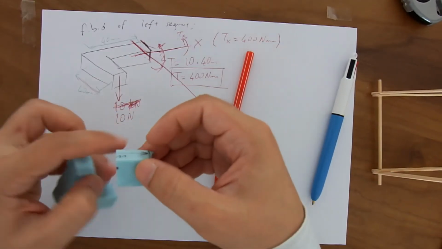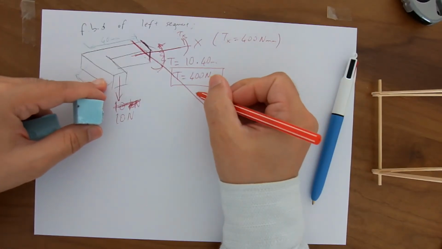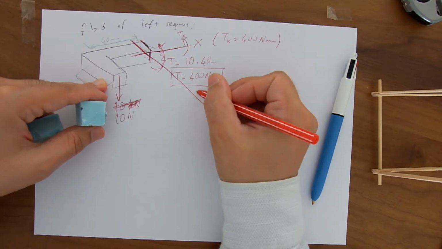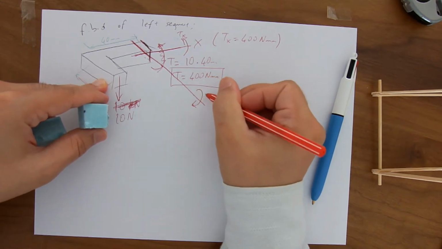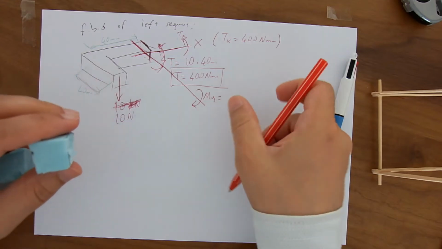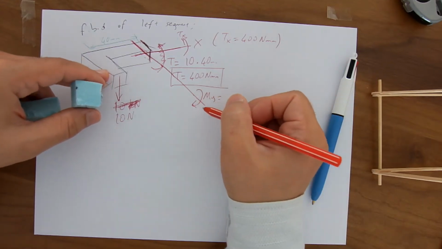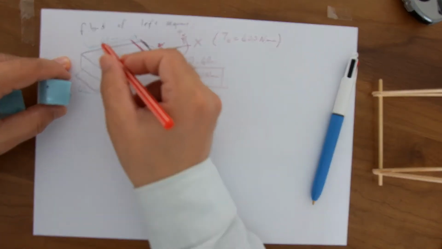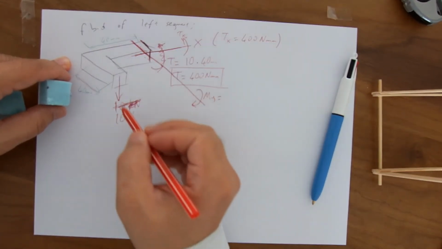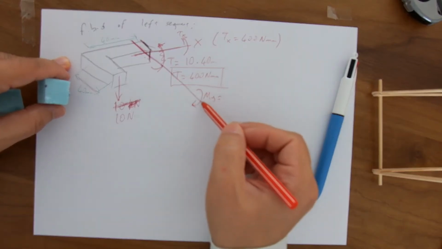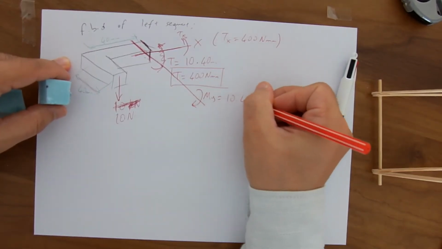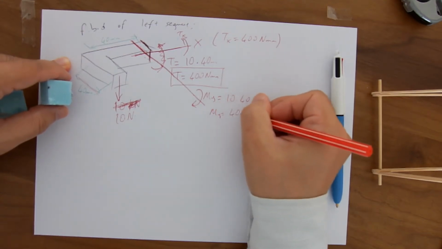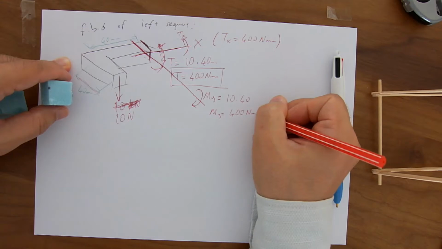Therefore, we put My, because this is the y-axis. My is equal to, and the direction is this, 10 times again the 40, because this is the force arm for this axis. 10 times 40 again. My is equal to 400 Newton millimeters.